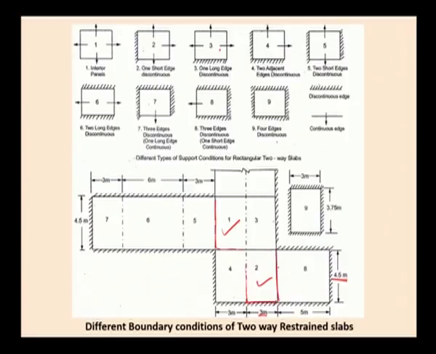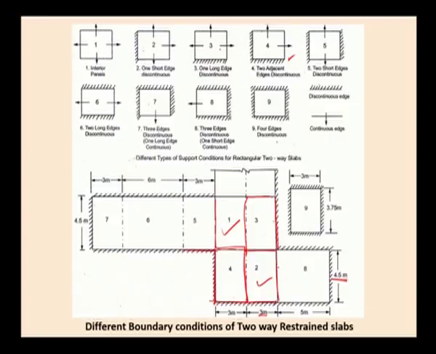Third one, long edge discontinuous. Here this is one long edge discontinuous, you do not have any building beyond this 3rd panel, and the other 3 edges are continuous. Next, the 4th one, 2 adjacent edges discontinuous, and the other 2 adjacent edges continuous. Then 2 short edges discontinuous.